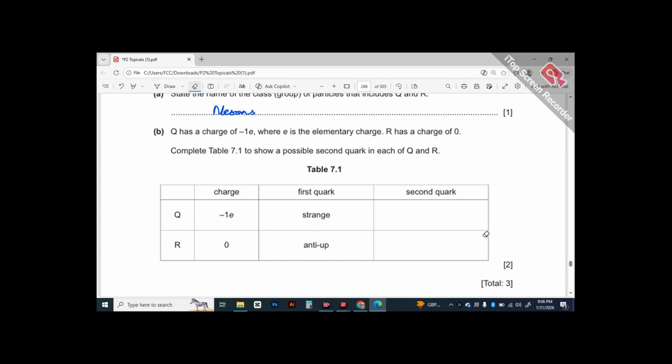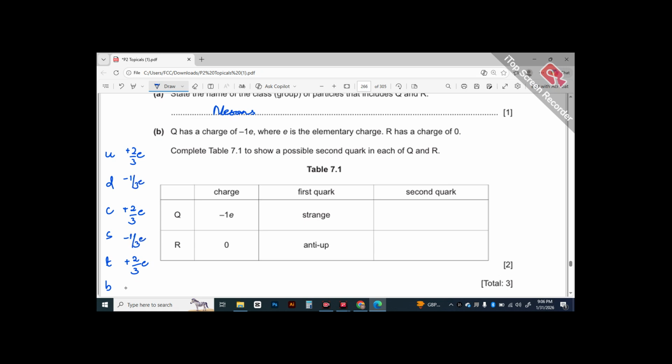First, we have to be very clear with the charges of quarks, right? We have up quark, down quark, charm, strange, top, and then bottom. Up has plus 2 by 3e. The same is the case with charm and top. The remaining have minus 1 by 3e, right?